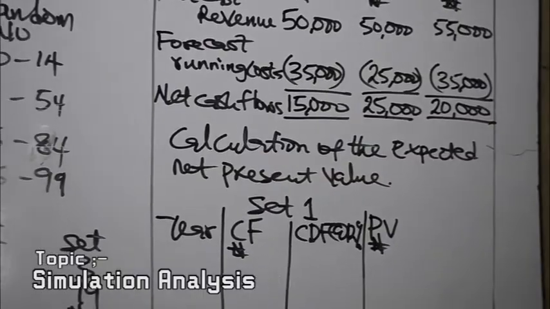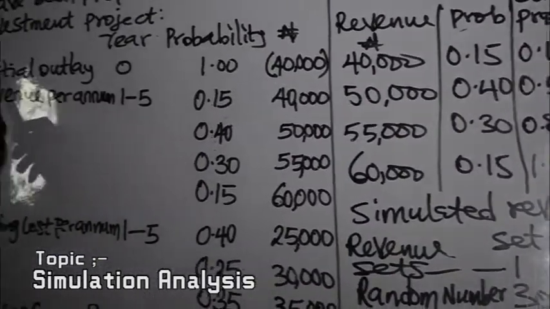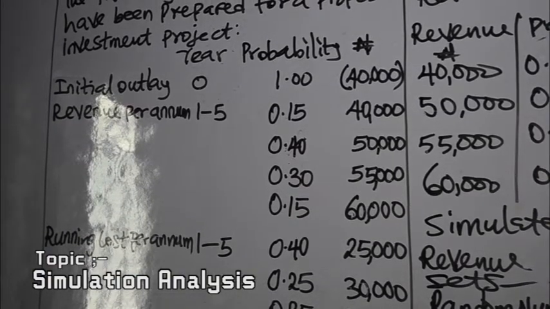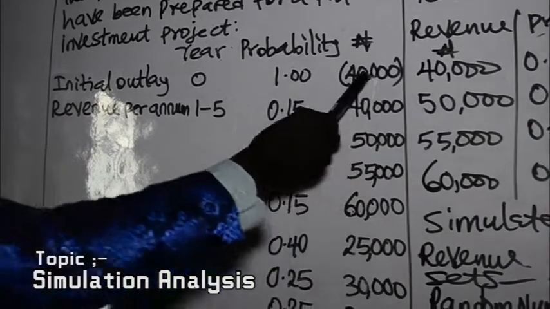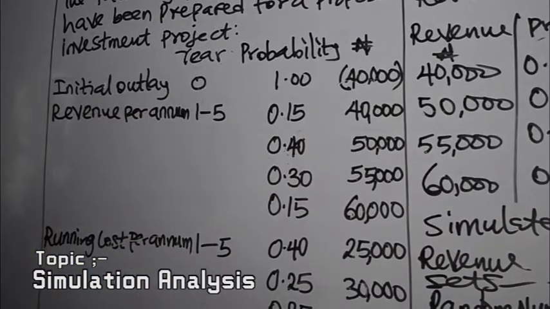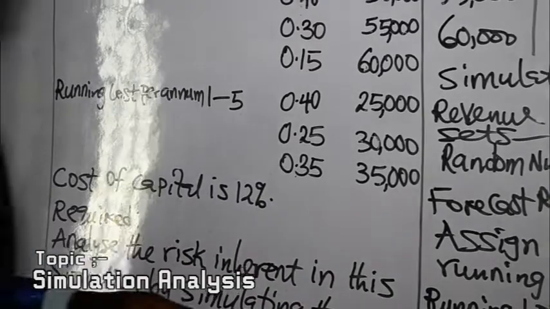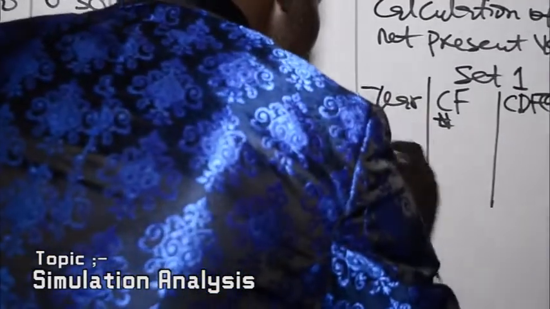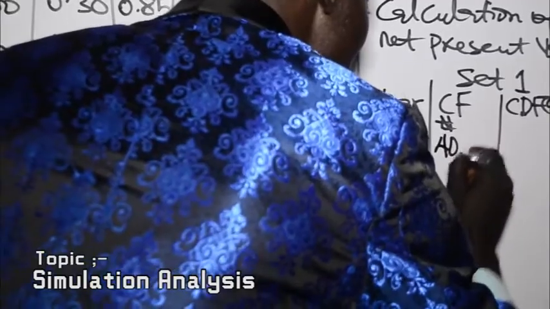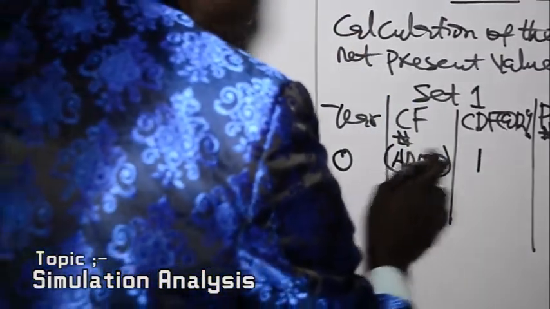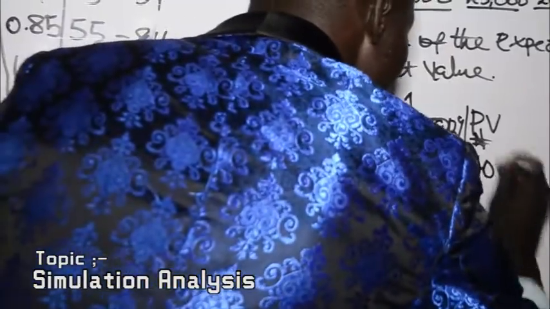If you go back to the question, the initial outlay is 40,000 naira and the cost of capital is given as 12%. So for year 0, we have 40,000 as our outlay. The discount factor for year 0 is 1, so the present value will be 40,000 times 1, which gives us 40,000 naira.